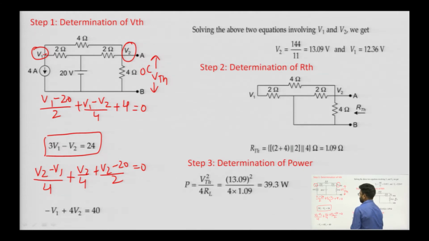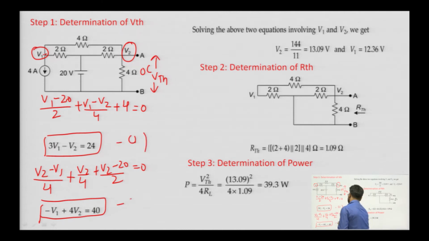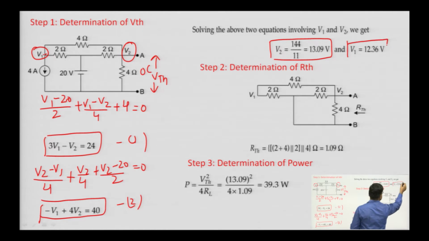After solving this equation, we get in terms of V1 and V2: minus V1 plus 4 V2 equals 40. Now, solving equations 1 and 2, we get V2 as 13.09 volt and V1 as 12.36 volt. So, these are the values of V1 and V2.